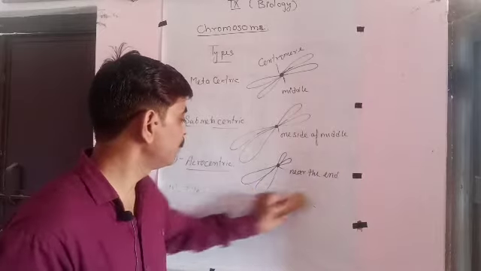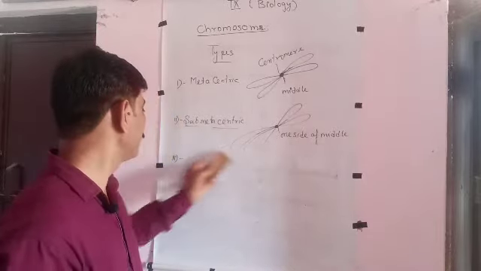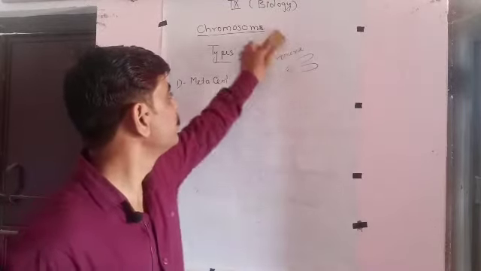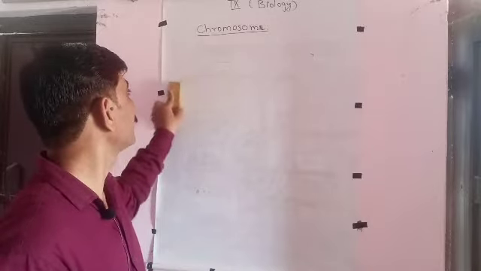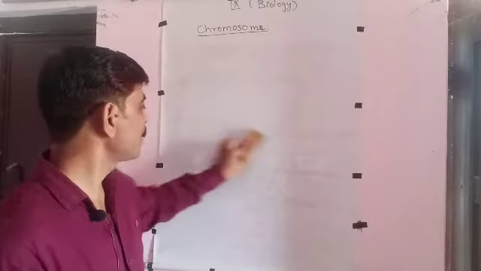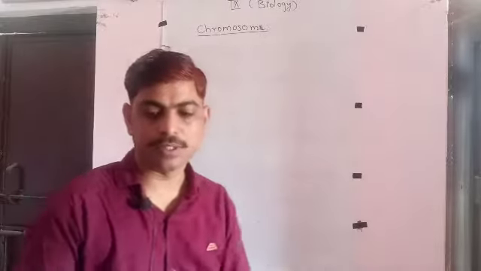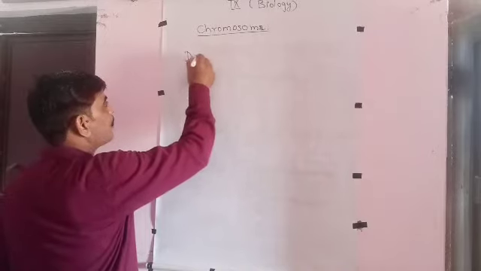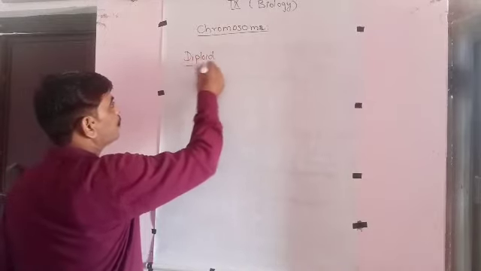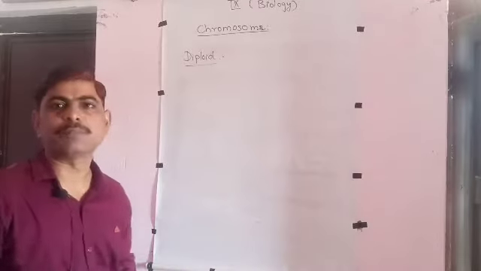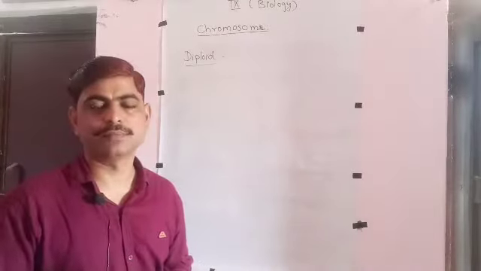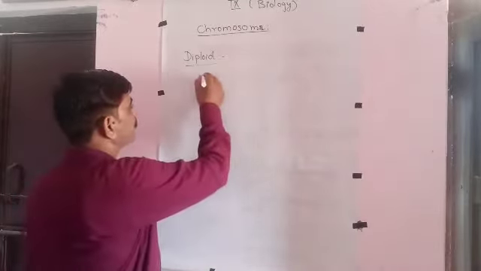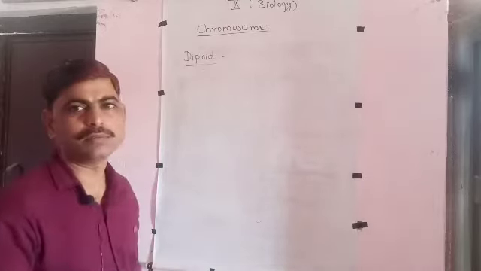Now the haploid and diploid number of chromosomes, which many of you studied. Generally chromosomes lie in pairs, always in pairs, except in some specific conditions. So the paired condition is called diploid.